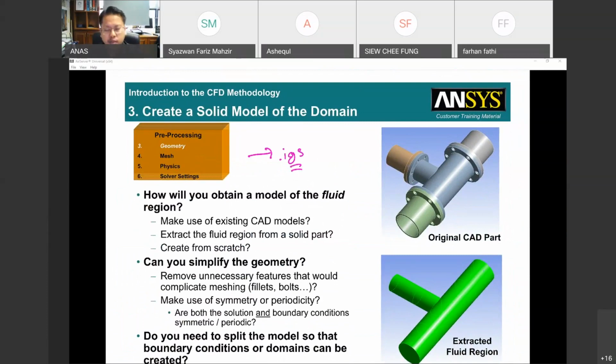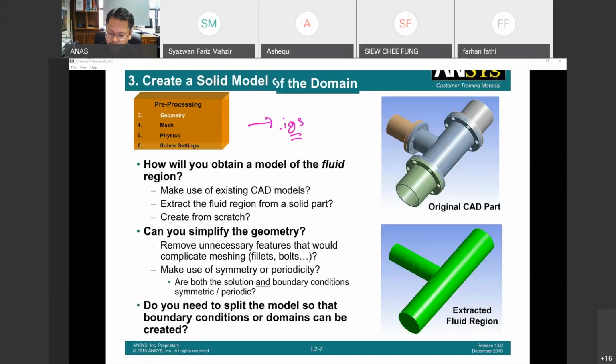From my experience and from my students' experience, usually it's quite tedious to draw your geometry in Ansys. If it's simple like a square or circular object, it is quite okay, but if you have several objects, different sizes, for example, you want to create in Ansys, it will be quite tedious. It's not to say impossible, but tedious.